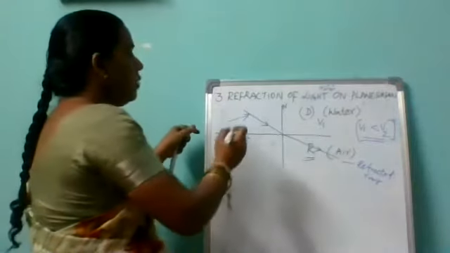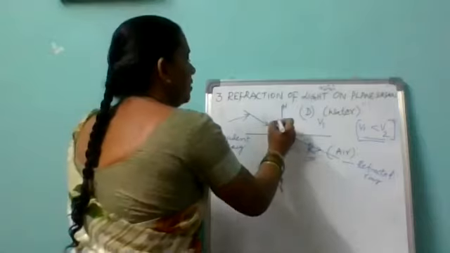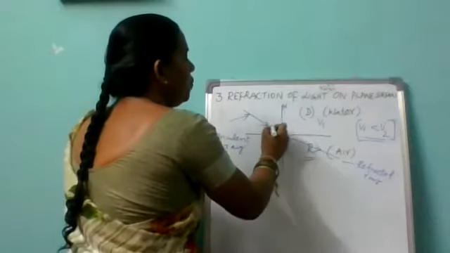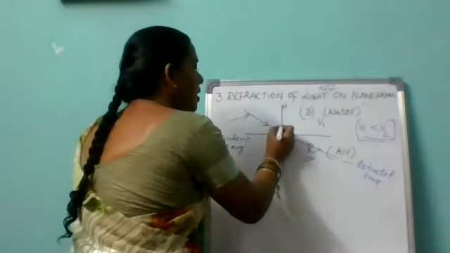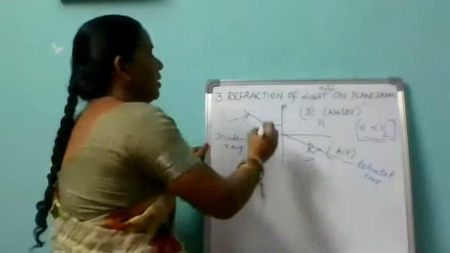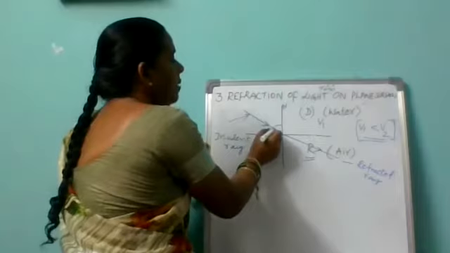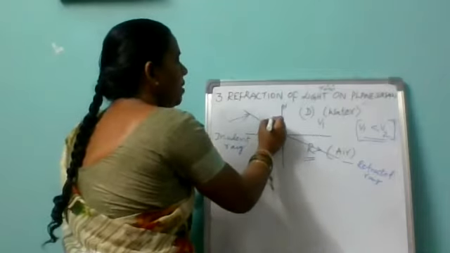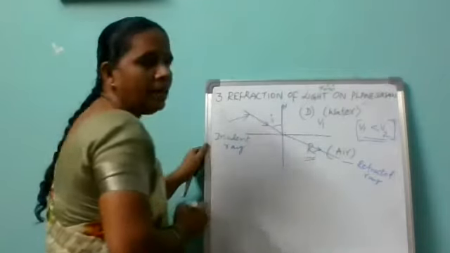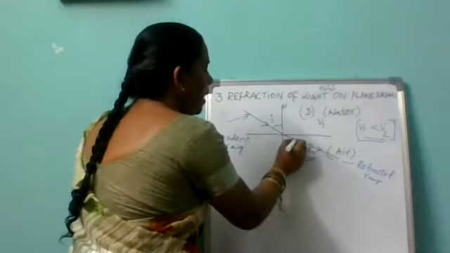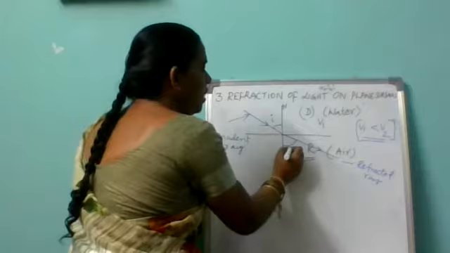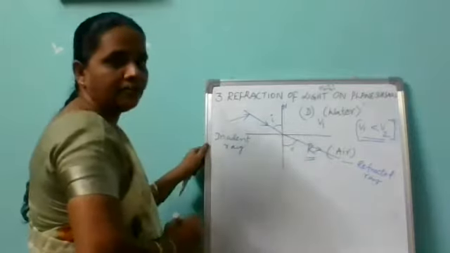Okay. Here we should remember that if two lines are going to be there, you can measure the angle. So the angle between the incident ray and the normal, we call it as incident angle, and the angle between the normal and the refracted ray, we call it as refracted angle.